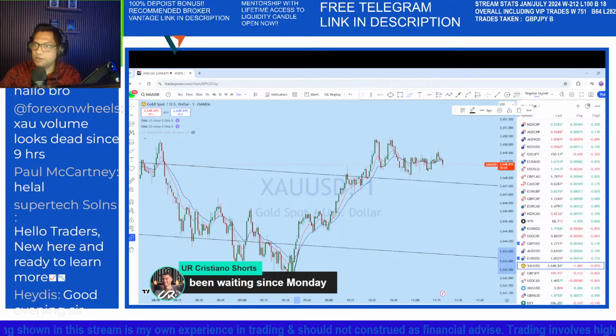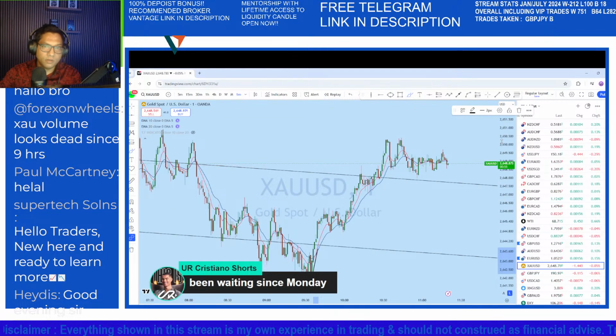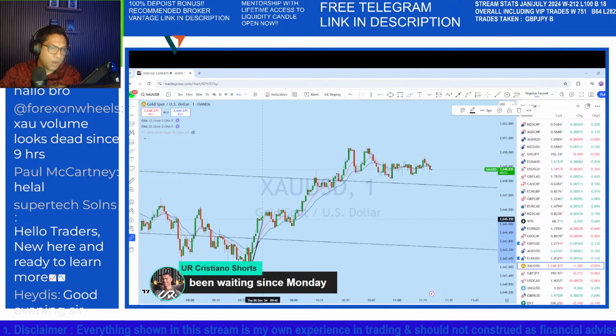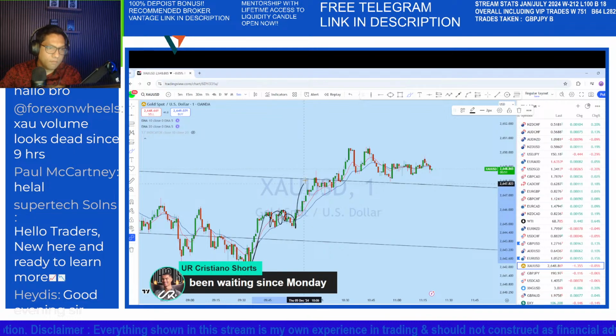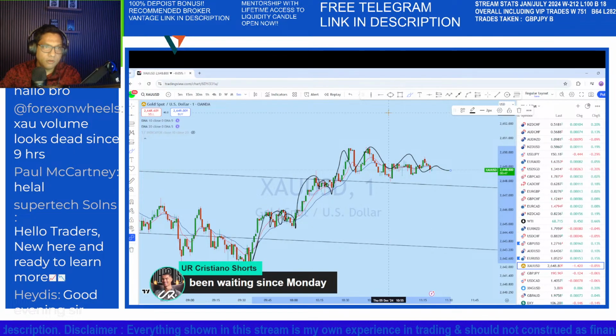So here we can see that on the lower time frame, there is bounce, sideways movement, bounce, sideways movement, bounce, now a bigger consolidation.